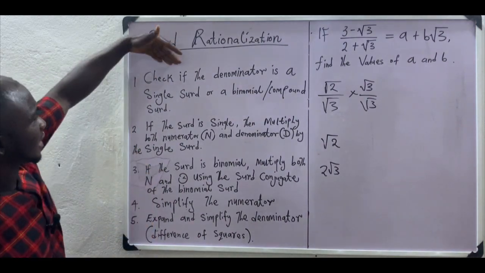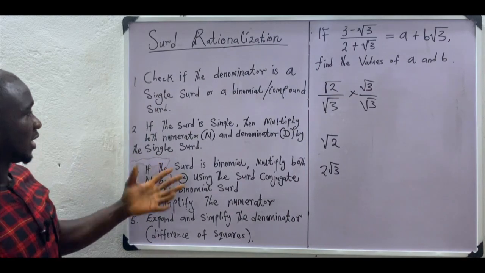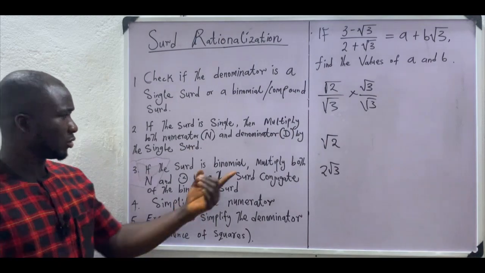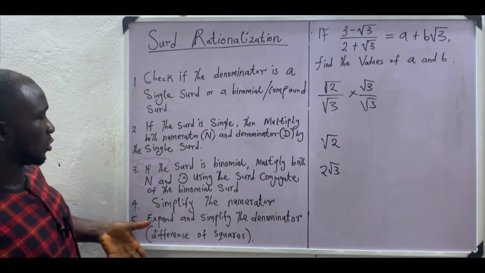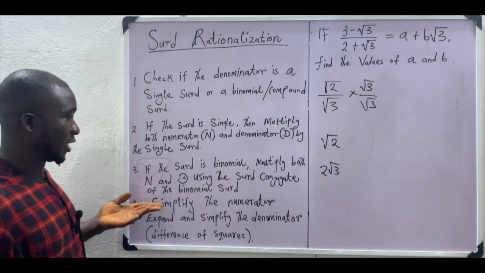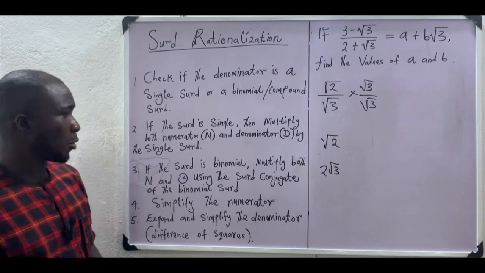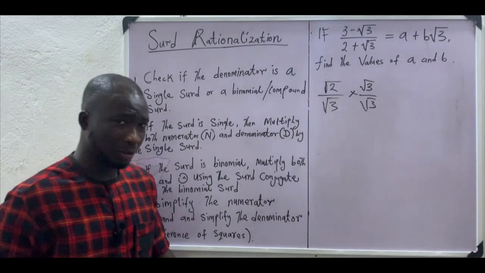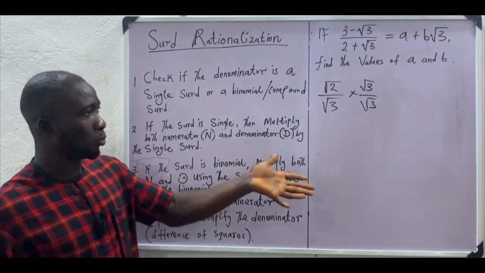However, if the surd at the denominator is not a single surd but a binomial surd, what you then do is multiply both the numerator and the denominator of the given expression by the surd conjugate of the binomial surd. Now, what do we mean by surd conjugate? The surd conjugate of a surd simply means that surd but with a change of, or opposite, sign.